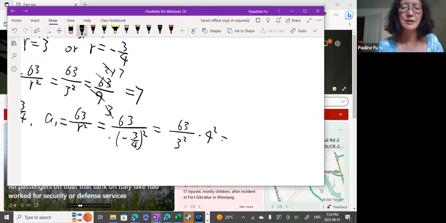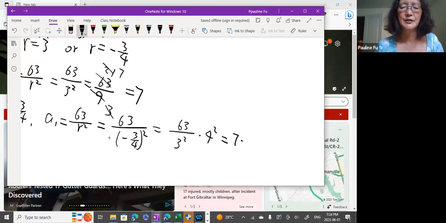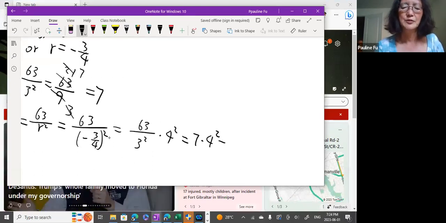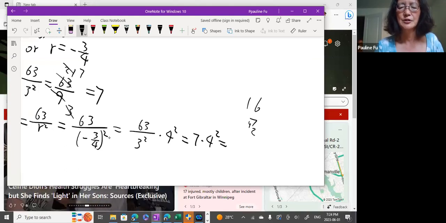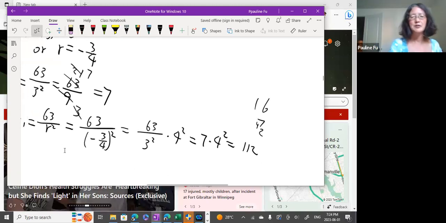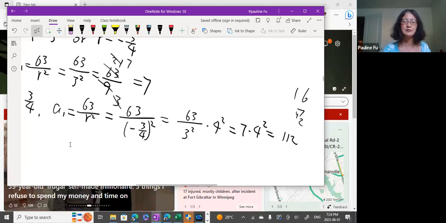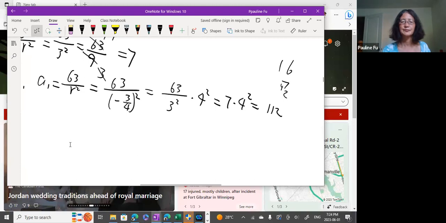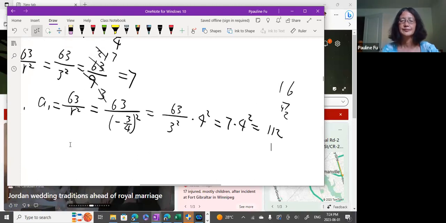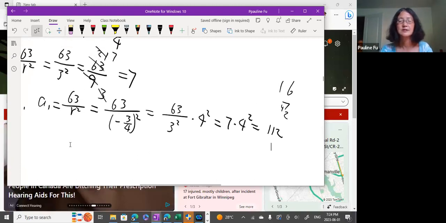So it would be 7 times 4 squared, which would be 112. So A1 equal to 112 if R equal to negative 3 over 4. Questions?